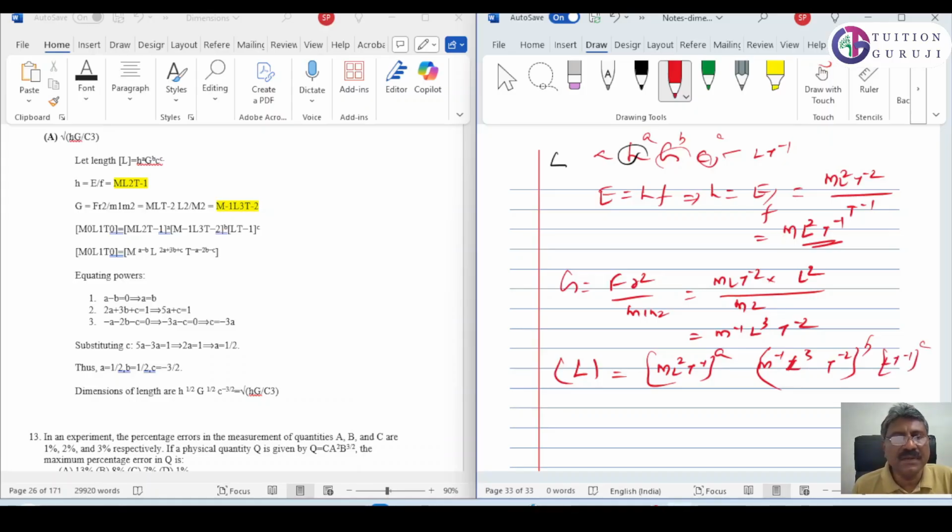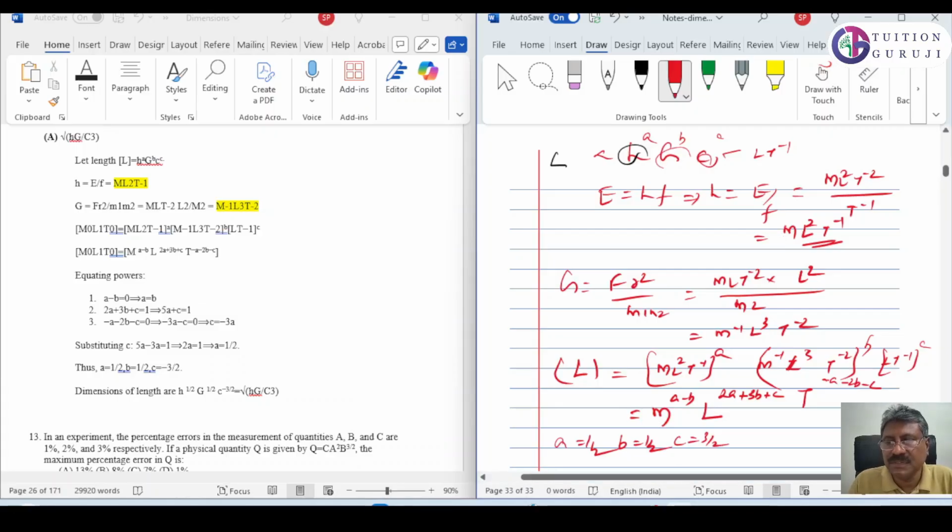Equating, we get M raised to a minus b, L raised to 2a plus 3b plus c, T raised to minus a minus 2b minus c. So when you equate, you will get a equal to half, b equal to half, c equal to minus 3 by 2.